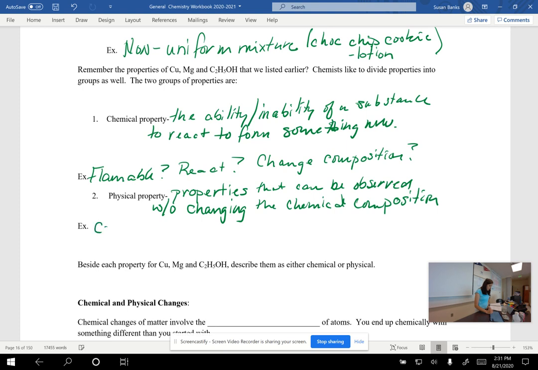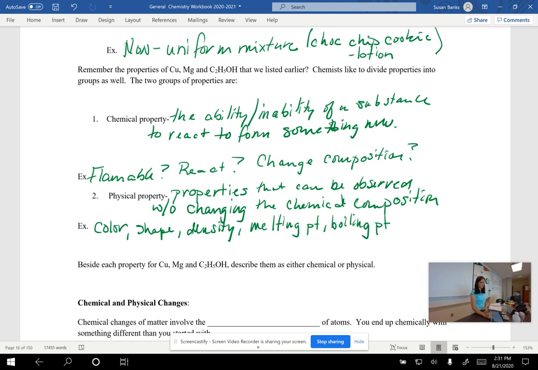So color, shape, density, whether it floats on water or not, or how dense it is. Melting point, or the boiling point for water, for example. Water has a melting point of about 0 degrees Celsius.